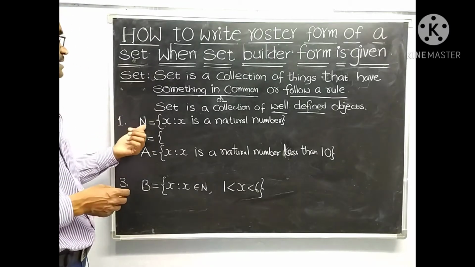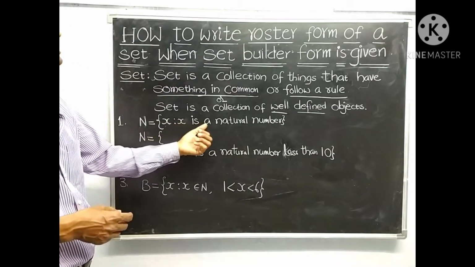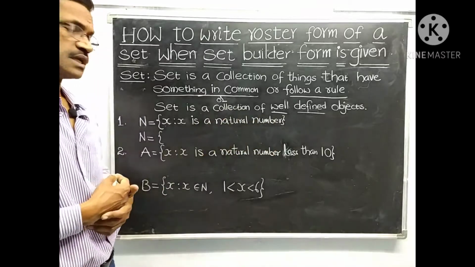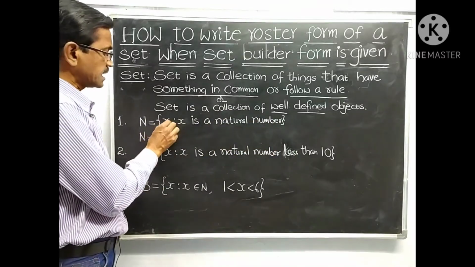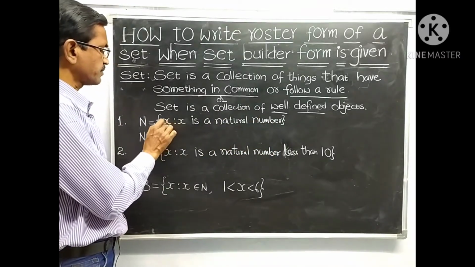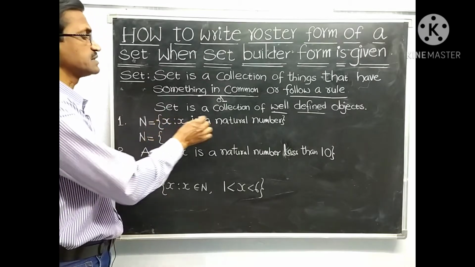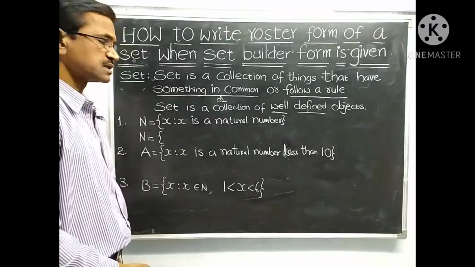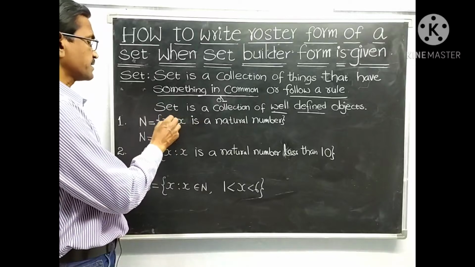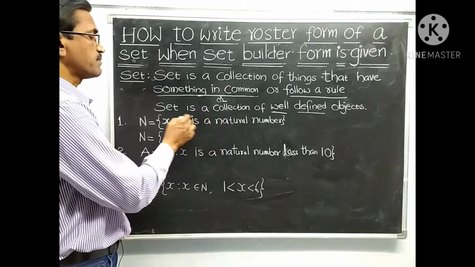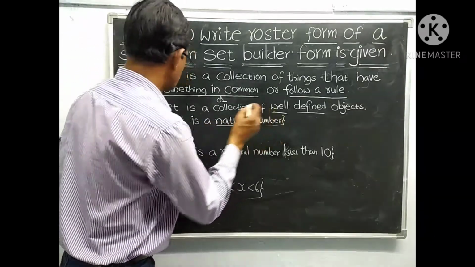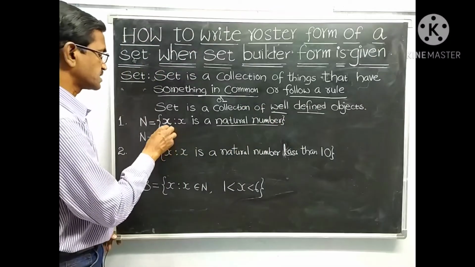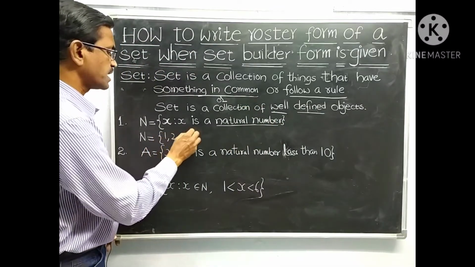First one, N is equal to x such that x is a natural number. Here, this x represents the properties of all the elements in the set. Every element should have the same property, that is, natural number. So you have to write natural numbers: 1, 2, 3, 4.